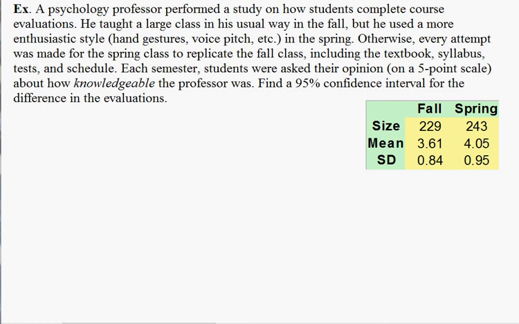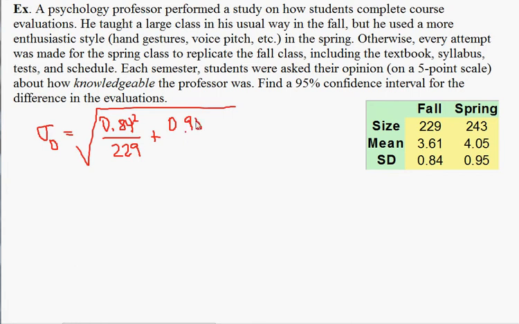In this video, we consider a large sample two-sample problem, but this time concerning a confidence interval as opposed to hypothesis testing. The procedure is going to be very much the same as what we had before, except I have a new way of computing the standard error. The standard error will be equal to, as before, the first standard deviation squared divided by the sample size plus the second standard deviation squared divided by that sample size.